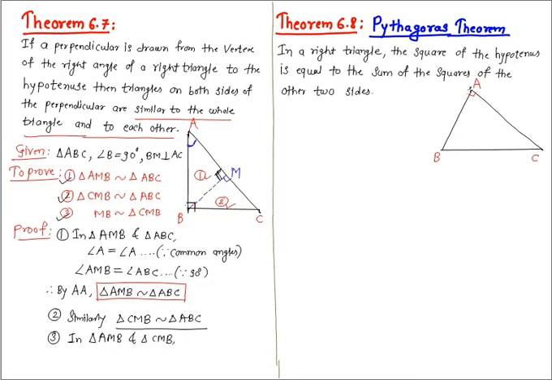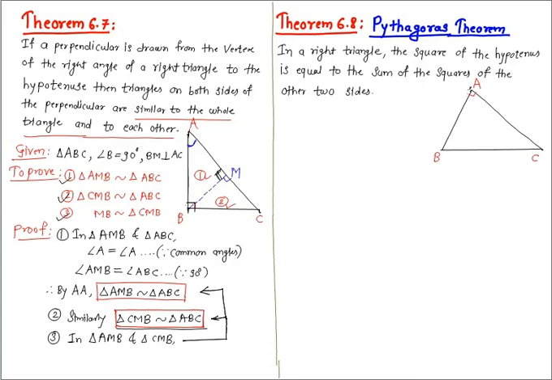Just think, can we take help of first two parts we just proved? Yes, if you see the first two parts here, triangle AMB is similar to triangle ABC, and with the same triangle ABC, triangle CMB is similar.